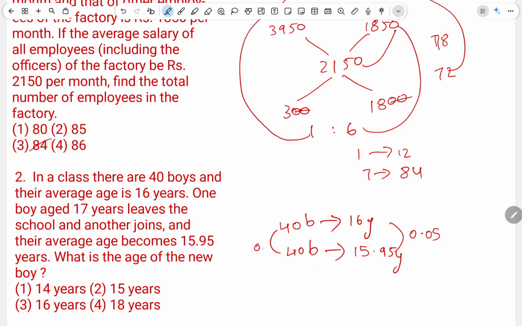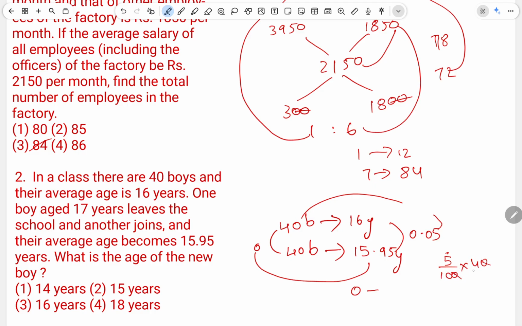So here it is minus 0.05 into 40, because it is reduced from 16. So 5 4s is 20, but 0.05 means 5 by 100 into 40.